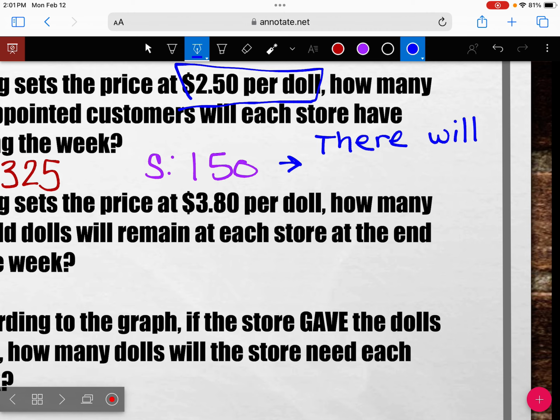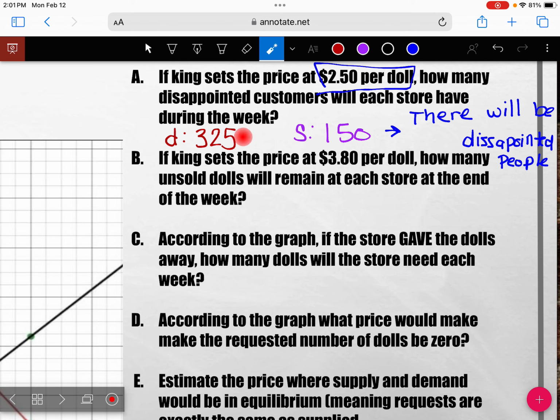There will be how many disappointed customers? How many people that want dolls don't get them? What's the difference between my supply and my demand? The supply is lower than the demand. The supply is lower than my demand. So how many people won't get dolls when they want them?